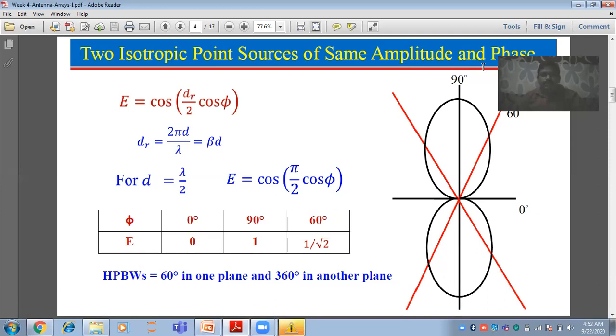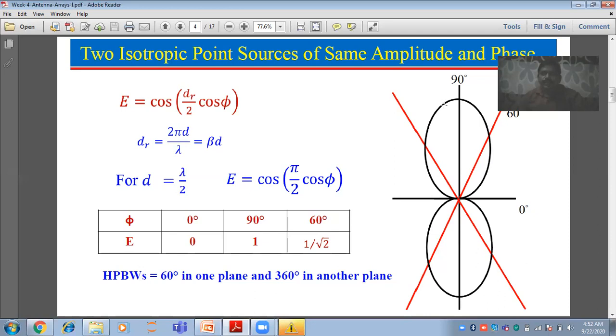So far what we have discussed: we discussed the introduction in the earlier class, which is about the antenna array. Similar antennas, similarly oriented, form an antenna array.